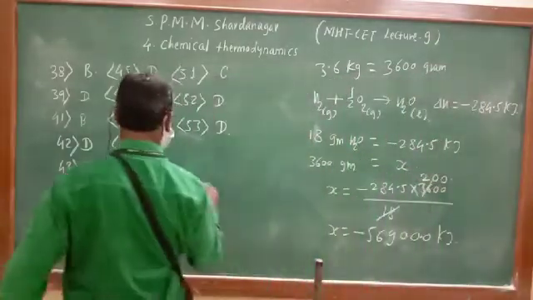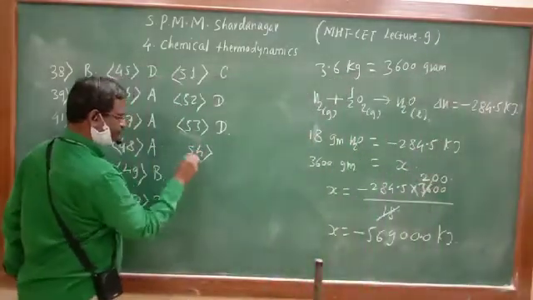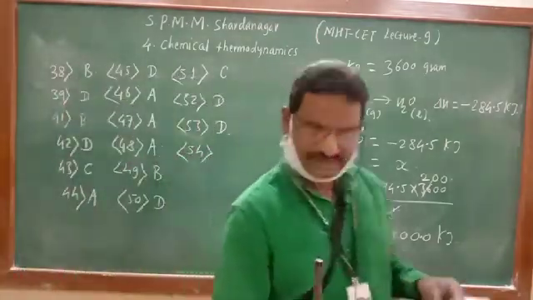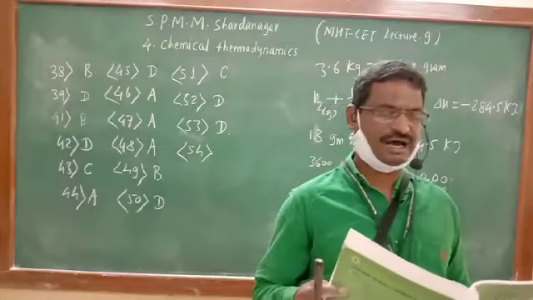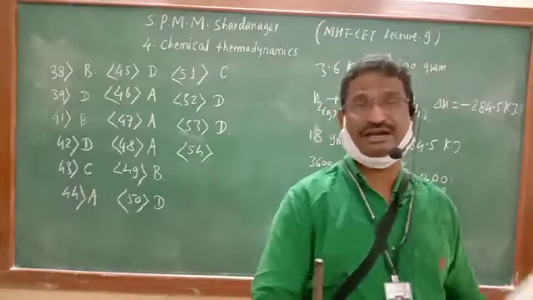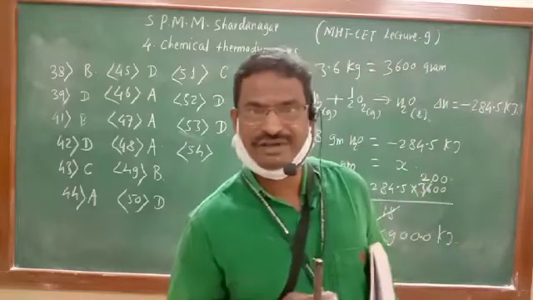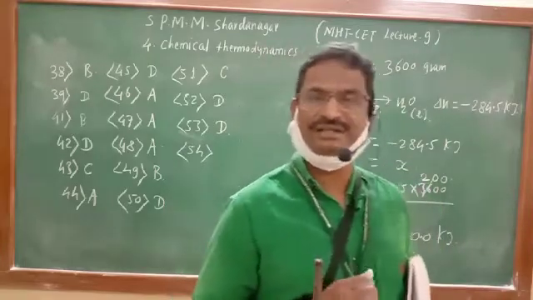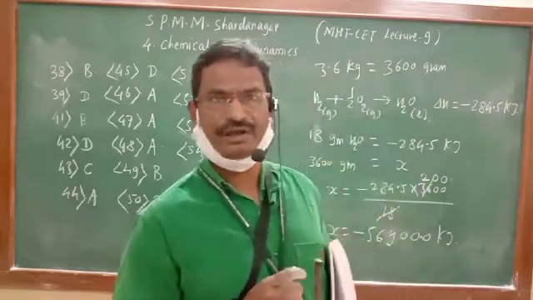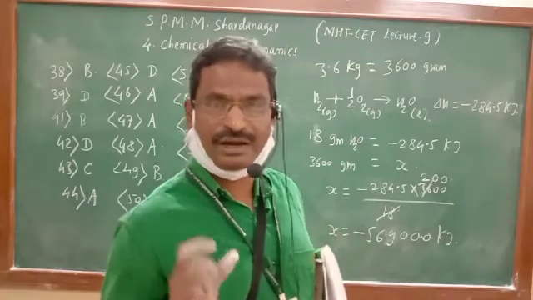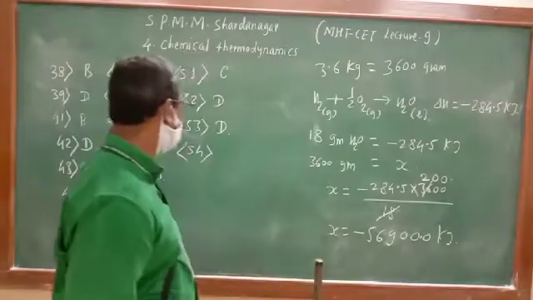Now, question number 54. The enthalpies of elements in their standard state are 0. At what temperature? What is the standard temperature in thermochemistry? 25 degrees Celsius, that is 298 Kelvin.